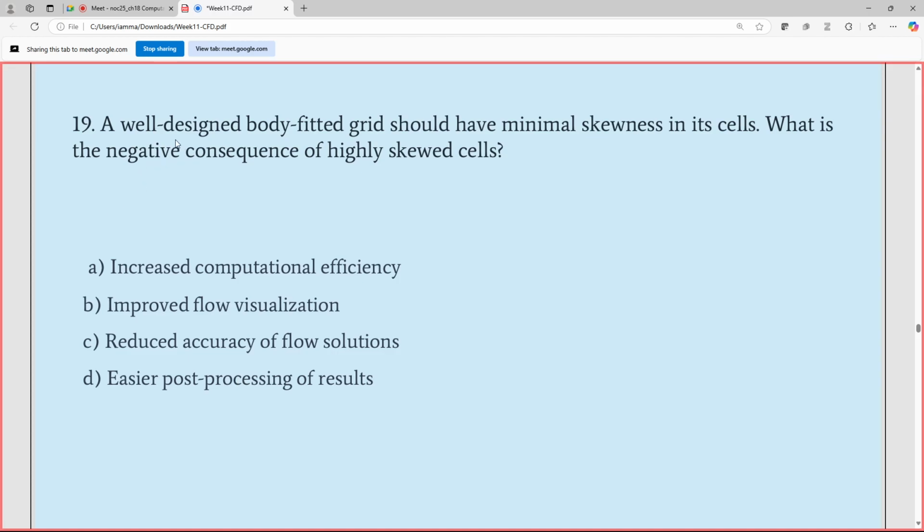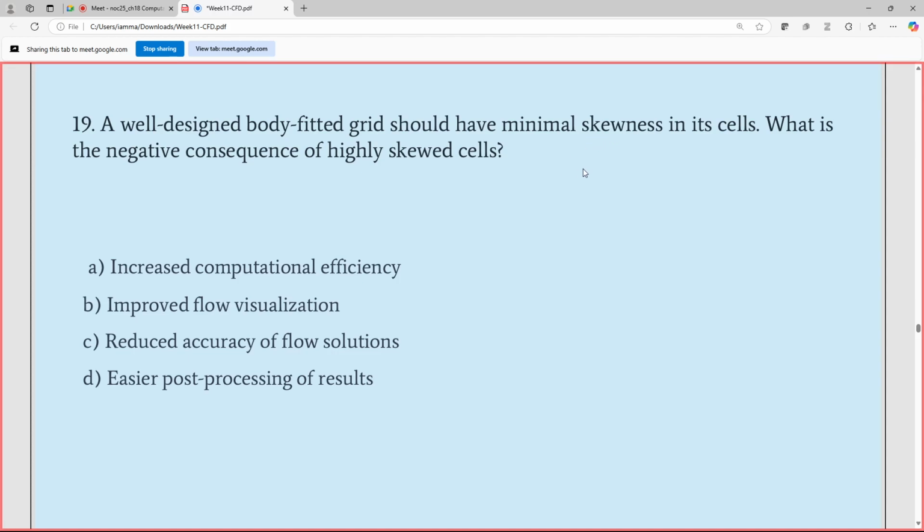A well-designed body-fitted grid should have minimal skewness in its cells. What is the negative consequence of highly skewed cells? The question is a little confusing here. The question is followed by a statement: a well-designed body-fitted grid should have minimal skewness in its cells.